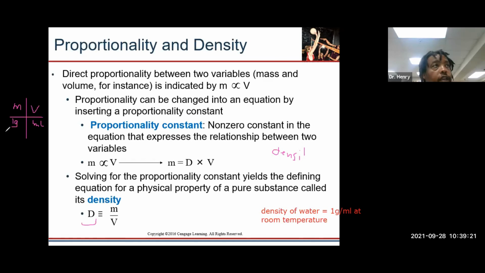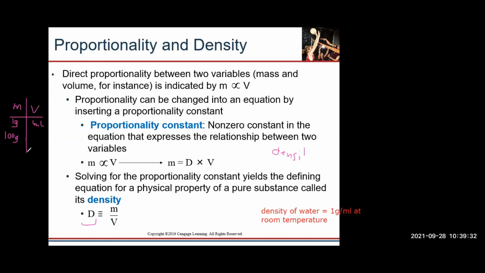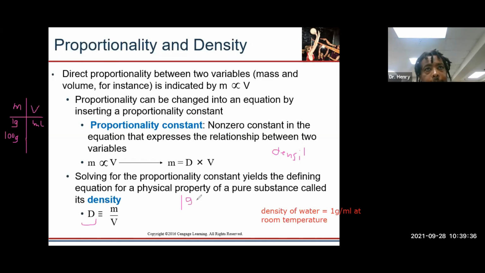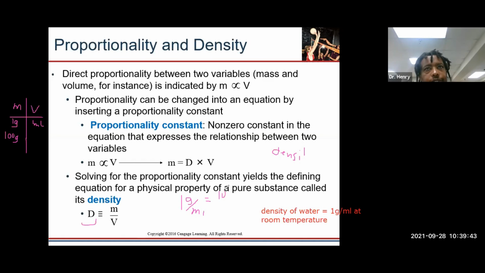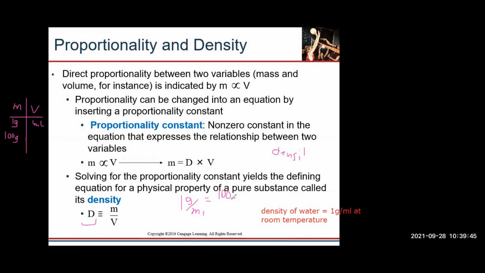Okay, so if my mass is 100 grams, what's going to be my volume? 10 milliliters? Sure. So if it's always going to be equal to 1 gram per milliliter, and I just told you that I have 100 grams, then I have to have 100 milliliters, right?